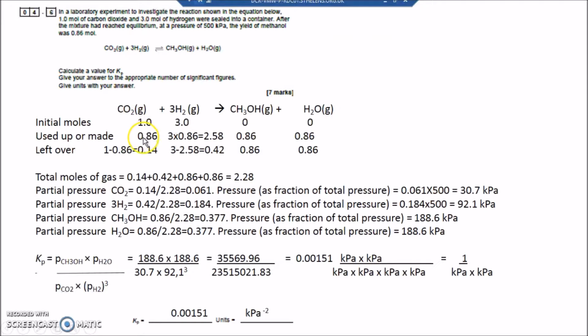I started with 1, I've used up 0.86, I've got 0.14 left. I started off with 3 moles of hydrogen. I've used up 2.58, 3 take away 2.58 is 0.42, and I've got 0.86 of this made and 0.86 moles of water made as well. So what I actually do is, for pressures, for concentrations, I take the amount and divide by the volume.